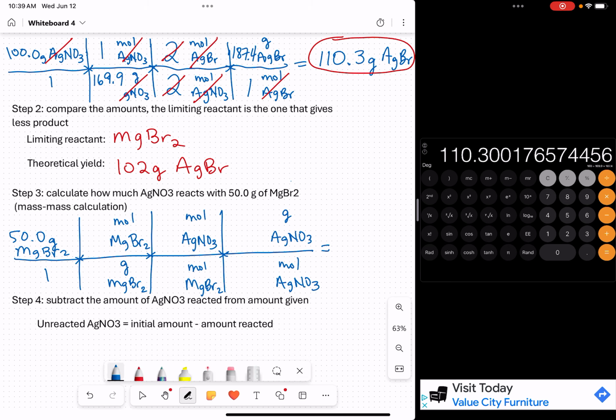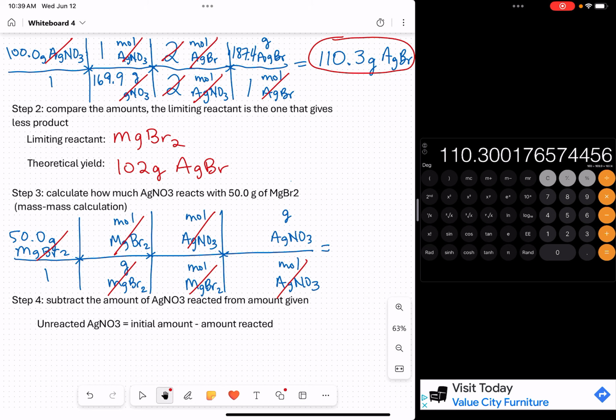So, checking to make sure everything is set up correctly. Grams of magnesium bromide cancels, moles of magnesium bromide cancels, moles of silver nitrate cancels. I'm left with grams of silver nitrate, which is what we need to do to figure out how much of that actually reacts so that we can figure out how much is left over.